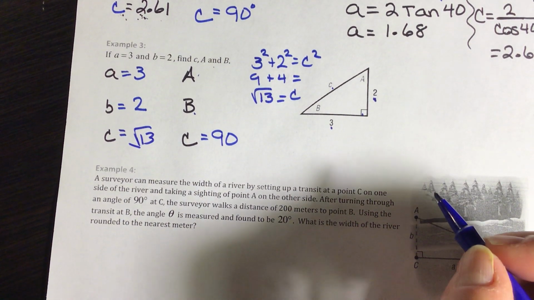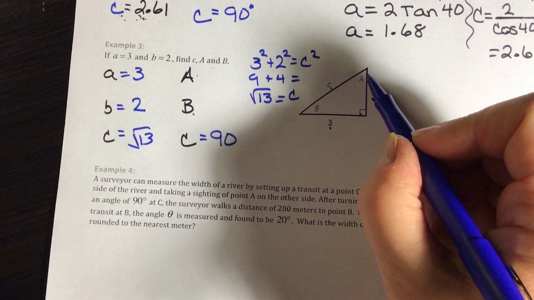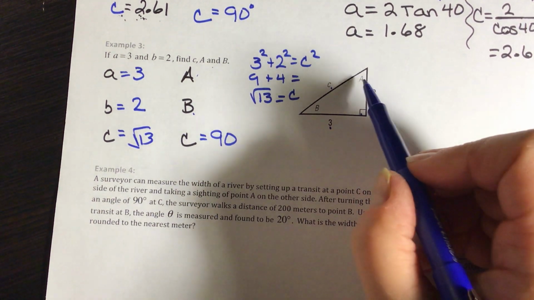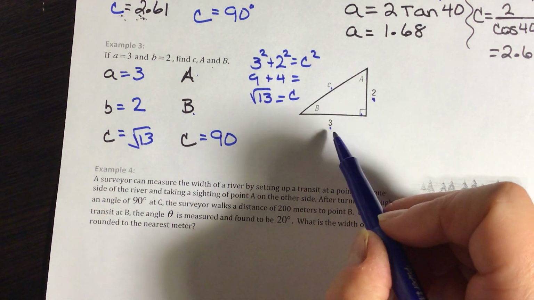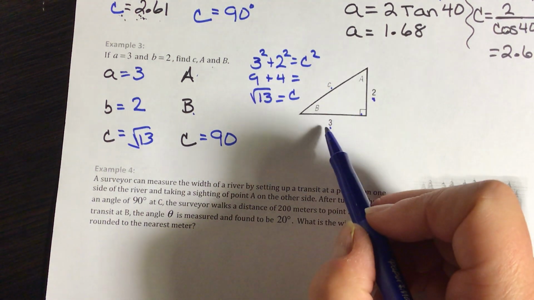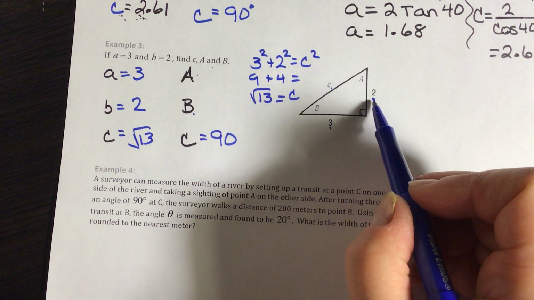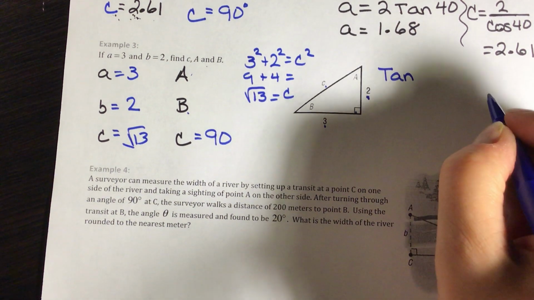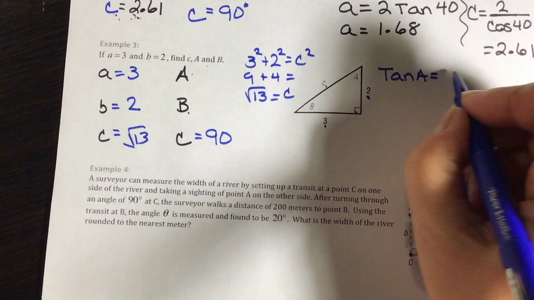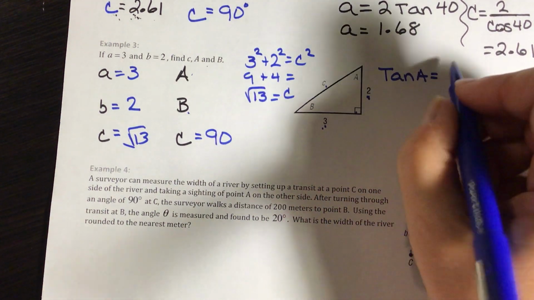Now, if I want to find angle A, the trig ratio that involves the 2 sides that we know are opposite and adjacent, so that would be tangent. So tangent of angle A is 3 over 2.